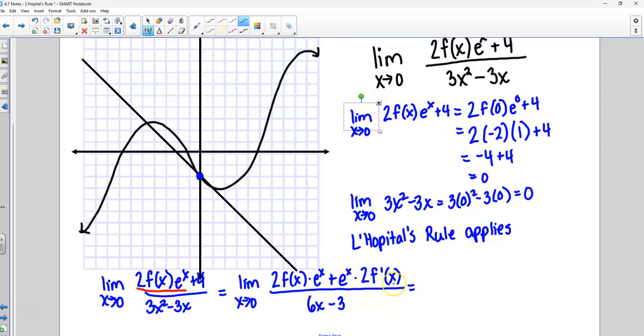And then typically, if you plug in 0, you'll get the right answer. So we'll have 2f of 0 times e to 0 plus e to 0 times 2f prime of 0 over 6 times 0 minus 3.